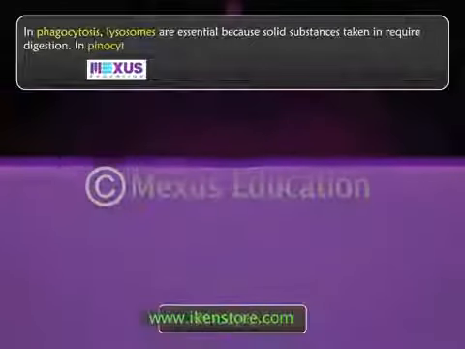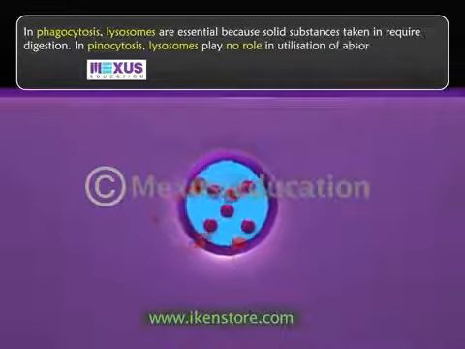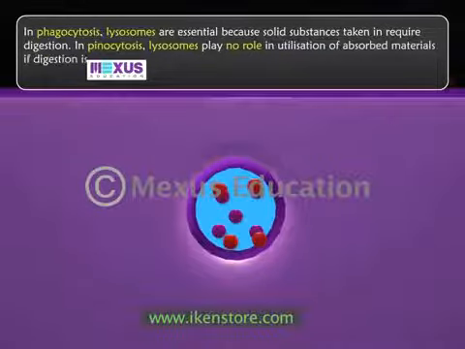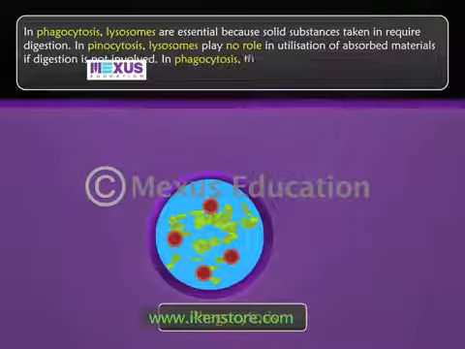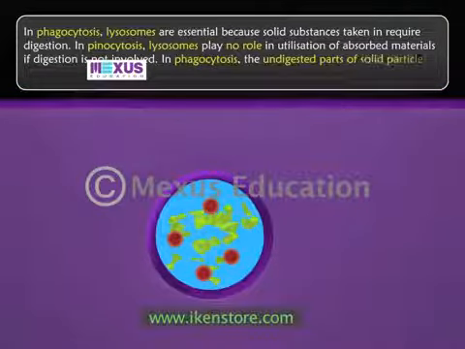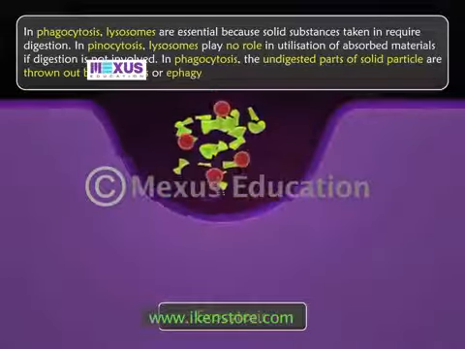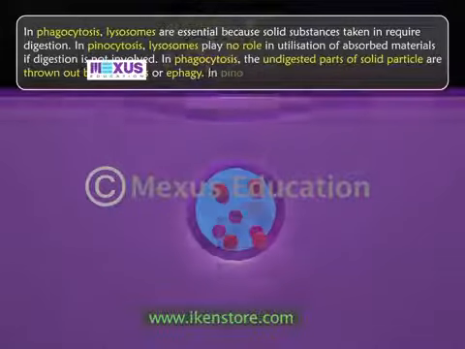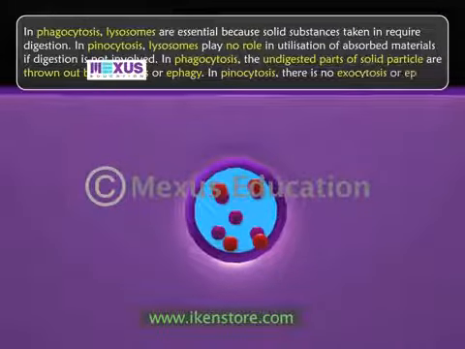In pinocytosis, lysosomes play no role in utilization of absorbed materials if digestion is not involved. In phagocytosis, the undigested parts of solid particles are thrown out by exocytosis or egestion. In pinocytosis, there is no exocytosis or egestion.